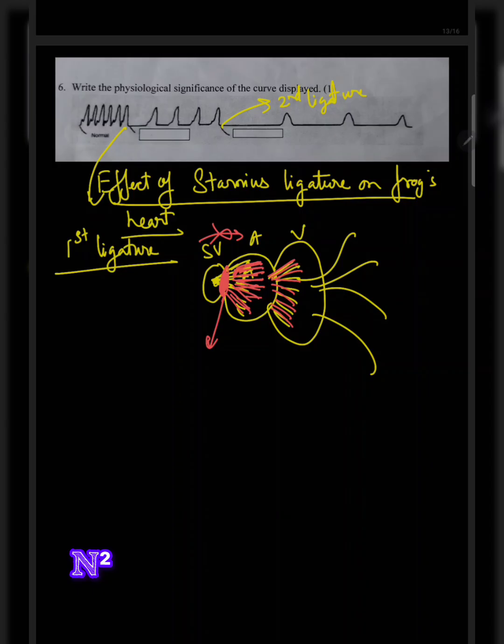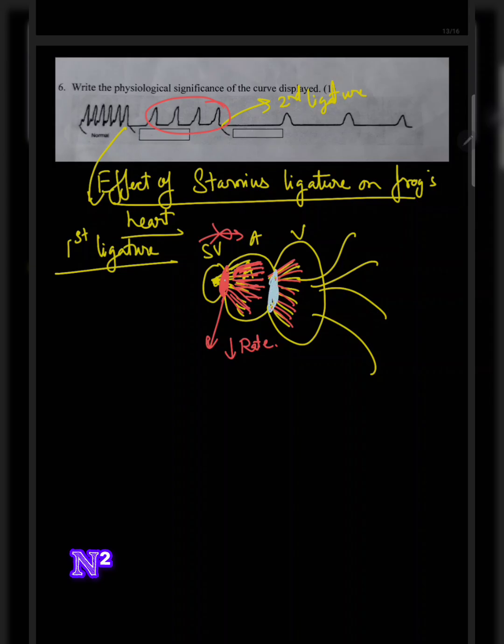But this time around, since this is an abnormal sinus venosus as compared to the typical sinus venosus, it has a lesser rate of conduction. So that's why you get a curve having a prolonged RR interval or prolonged period between two phases of the cardiac cycle.